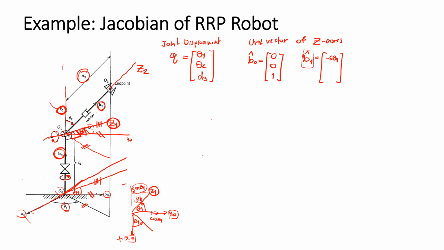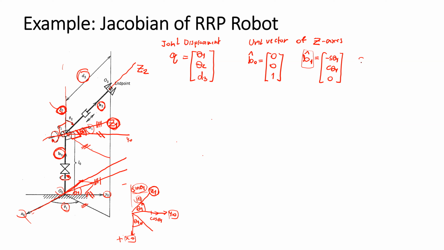And if we consider the component in the y-axis, it should be cosine theta 1. And the component of z1 along the z-axis is going to be 0 because it's always orthogonal to the z-axis.